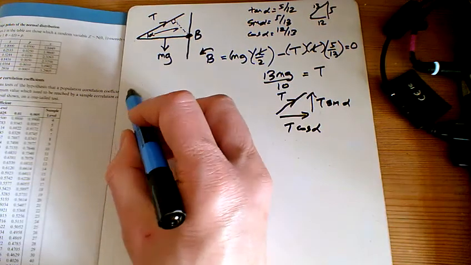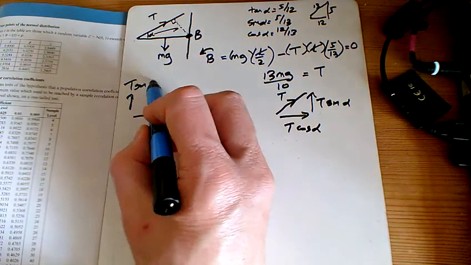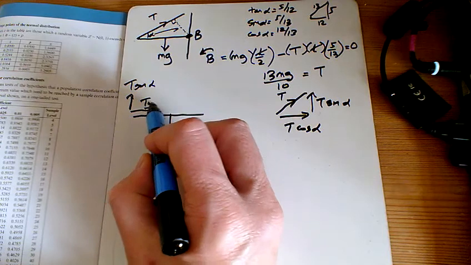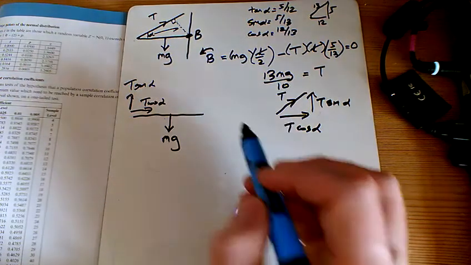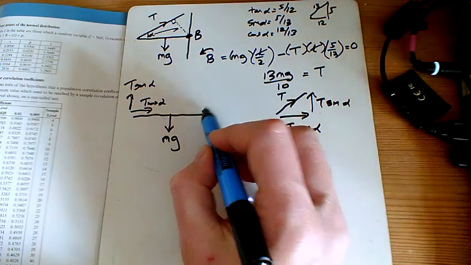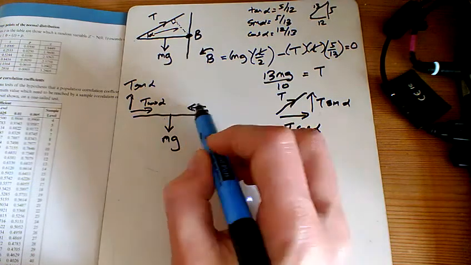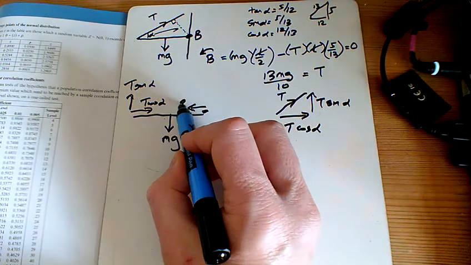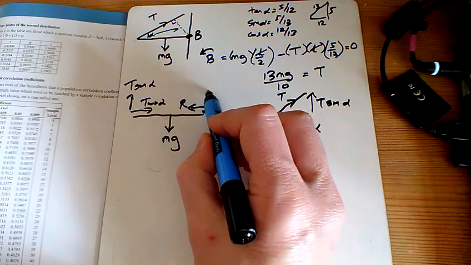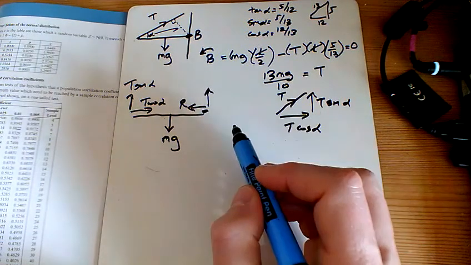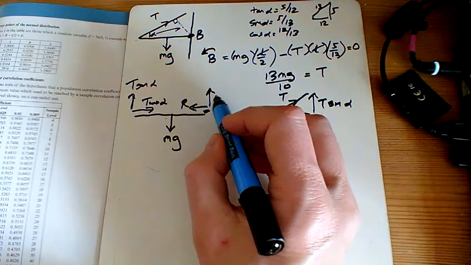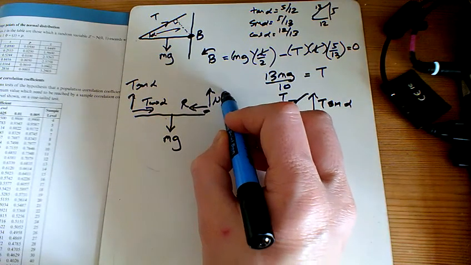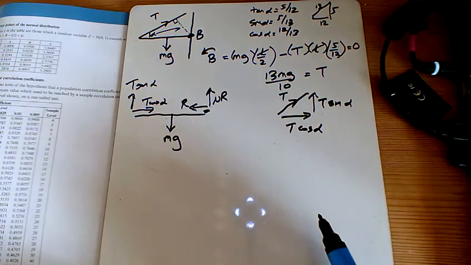So let's put that on here. The wall is pushing off to the left with some normal reaction force, and there's the friction going up the wall, which is going to be mu times the normal reaction force.